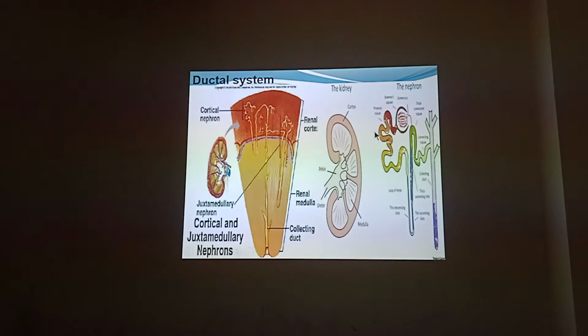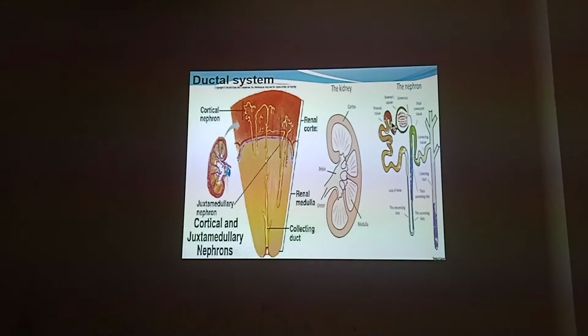and here you can see the glomerulus, Bowman capsule. Renal corpuscle is formed by the Bowman capsule plus glomerulus, that is the glomerular capillaries.